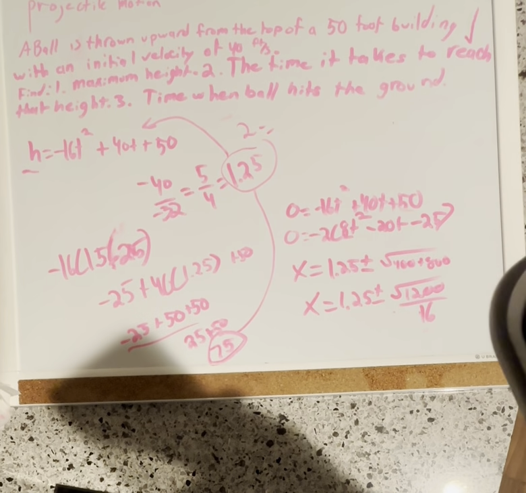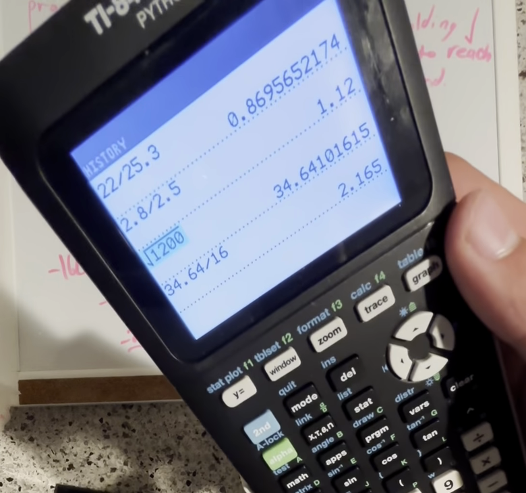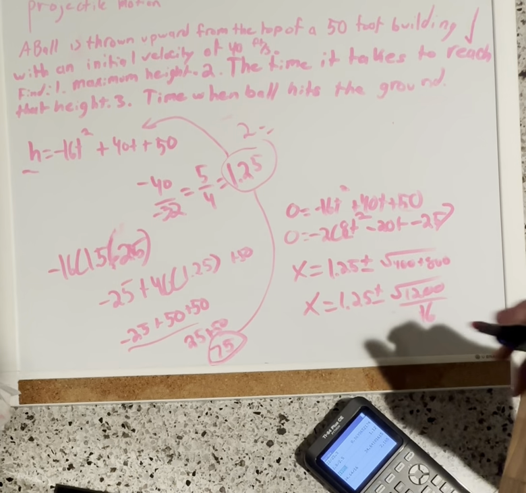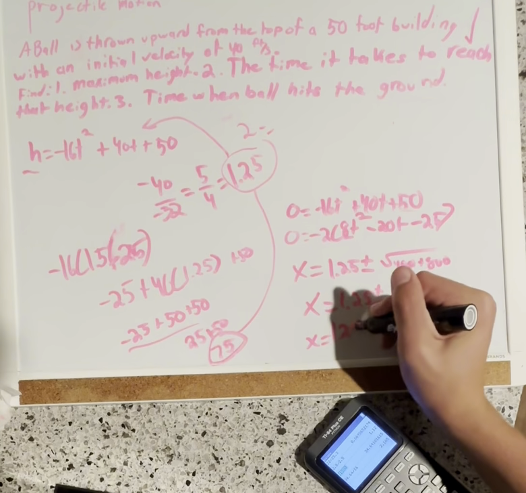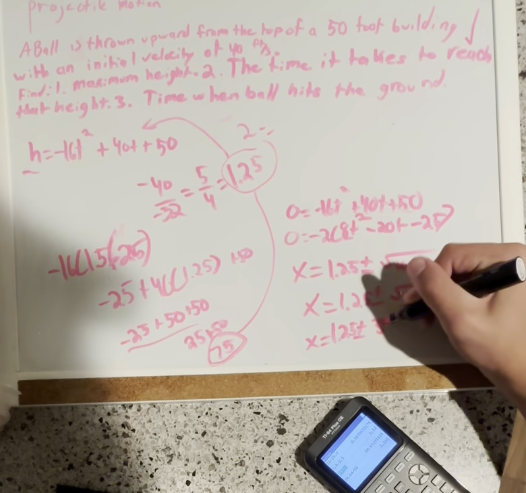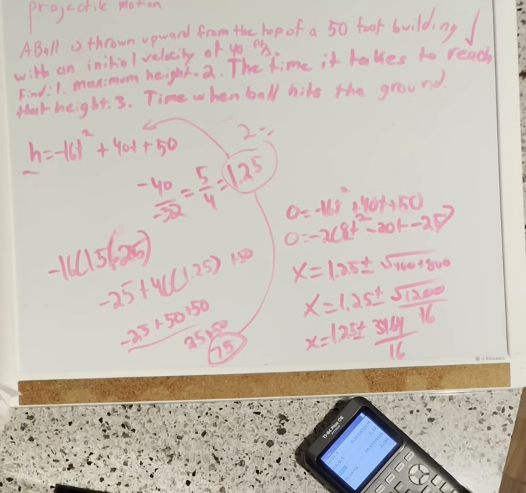Sorry about that, guys. I just had to go grab my graphing calculator. We can see that the square root of 1200 equals 34.64. So we can go x equals 1.25 plus or minus 34.64 over, what do we have, 16.